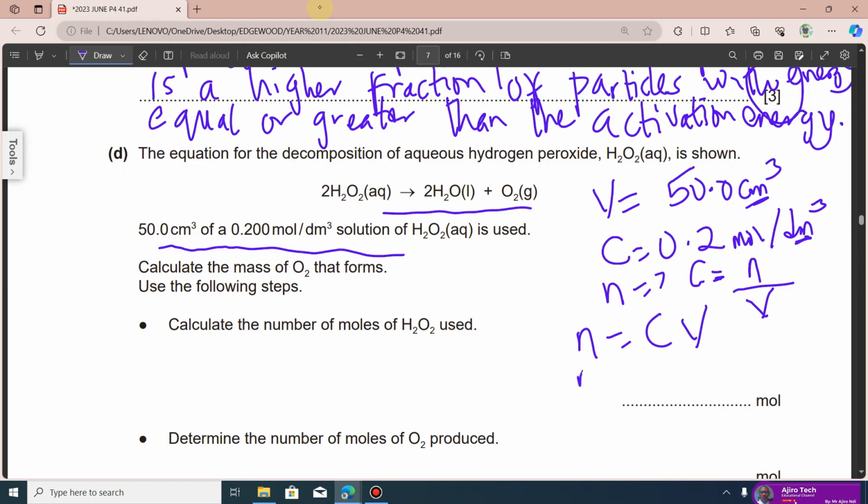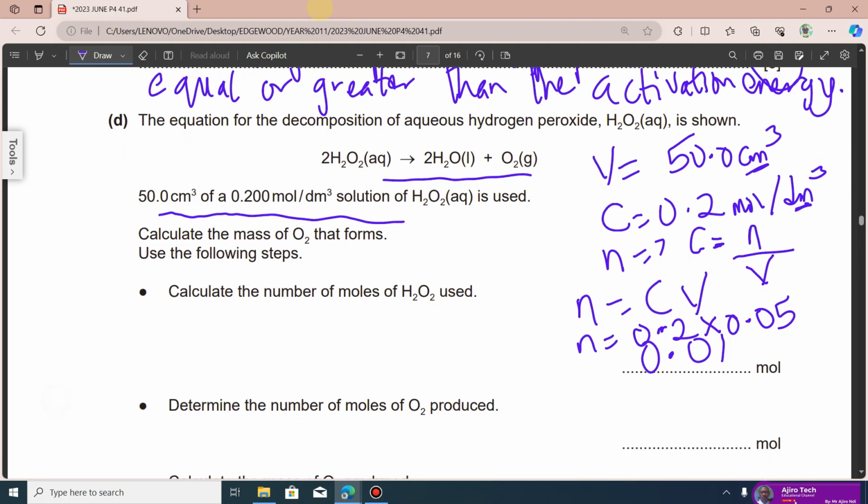So our n now becomes the concentration 0.2 times the converted volume, 0.05. If you multiply this, 0.2 multiplied by 0.05, the number of moles of the hydrogen peroxide is 0.01. So when you have a question like this, be careful that the unit needs to be uniform.